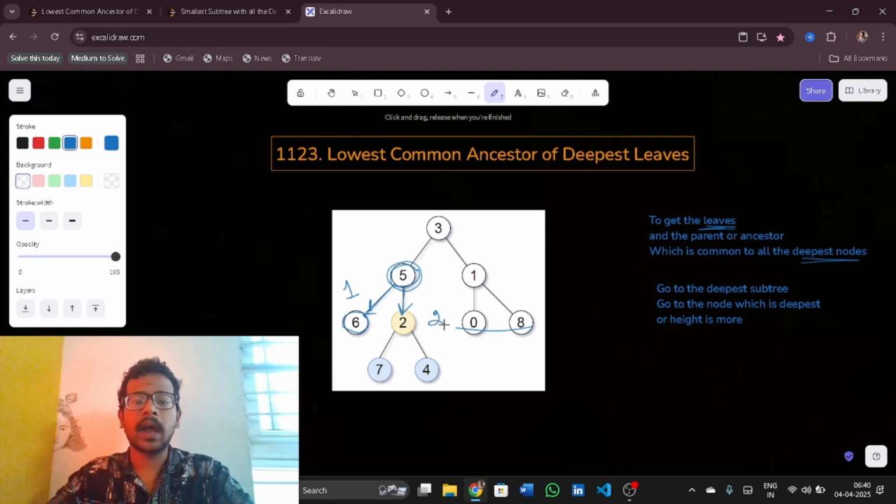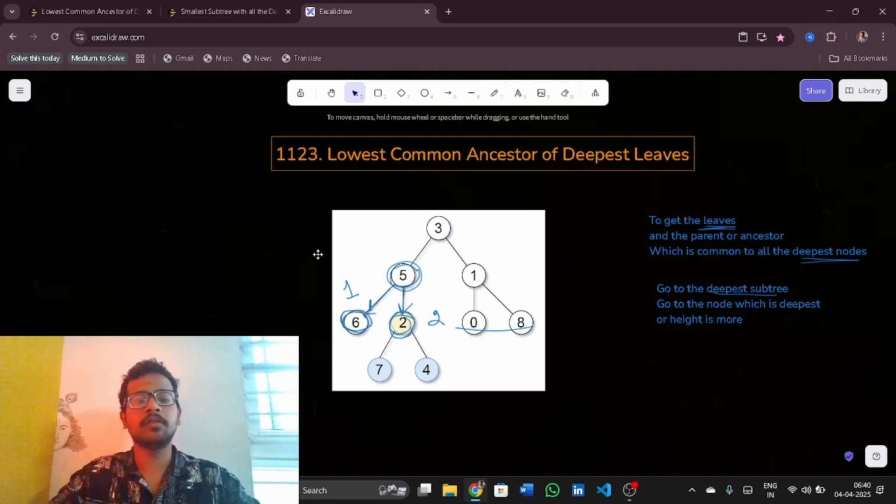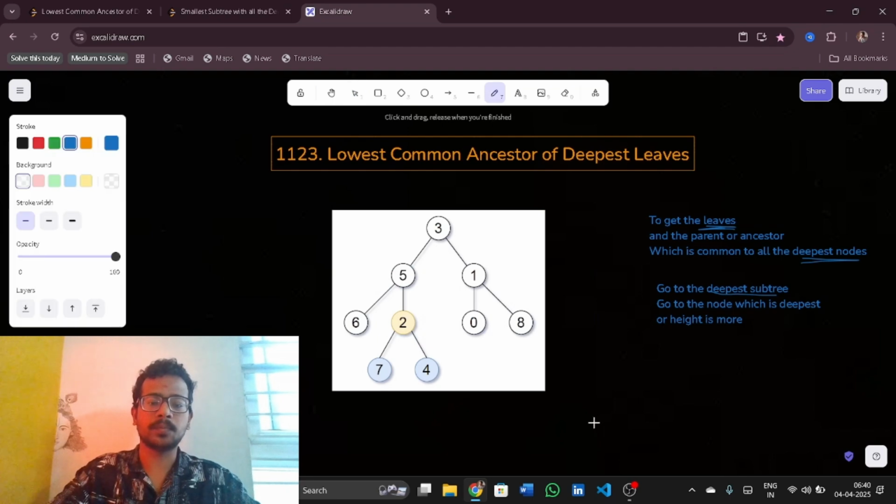Now I ask again whether I need to go left or right. Go to the deepest subtree, the node whose height is more. This subtree has a height of 2 and this subtree has a height of 1, so this one is more. So I prefer going to node 2.